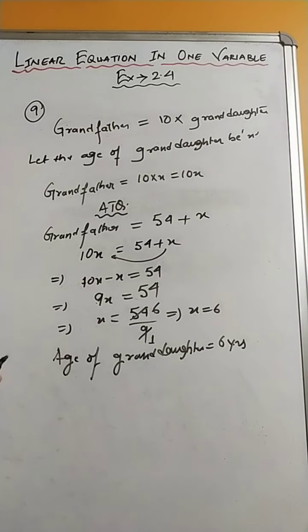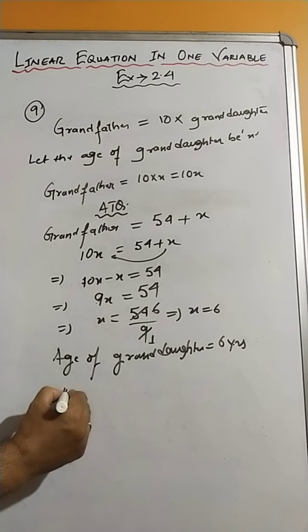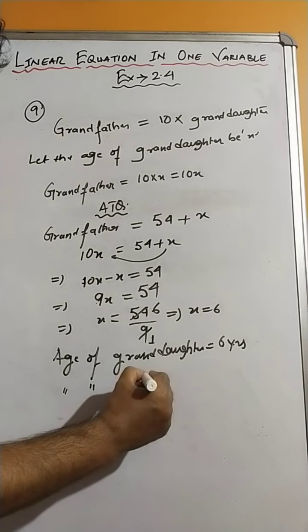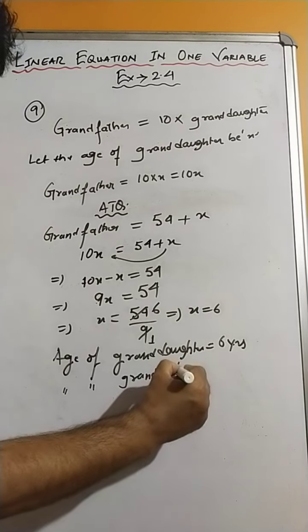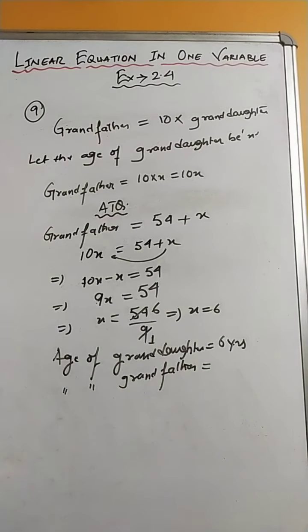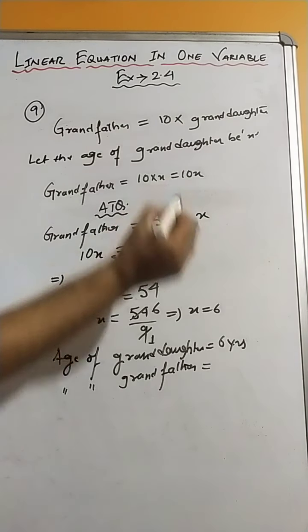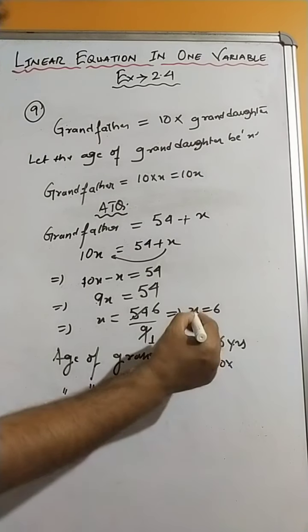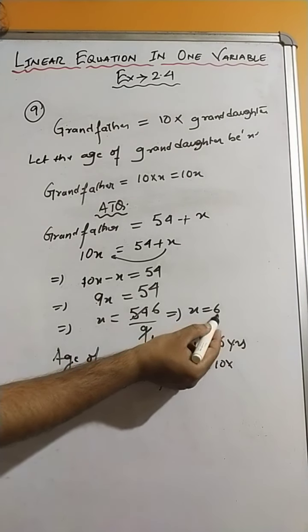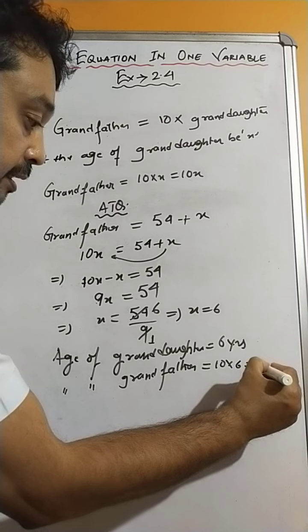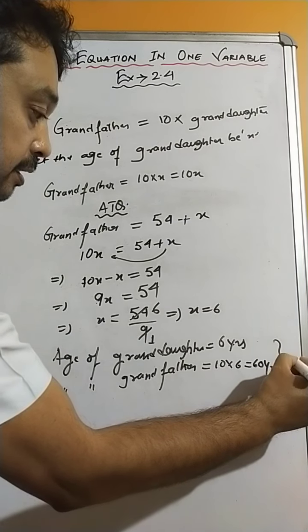So what would be the age of grandfather then? Age of grandfather will be equal to 10x. That means we have to multiply 10 with the value of x, which is 6. That is 60 years. So this is your answer.